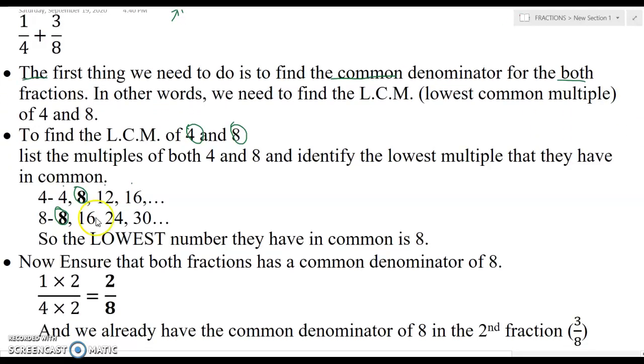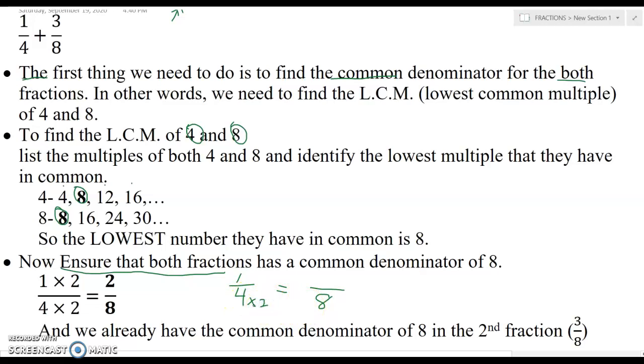So now next, we need to ensure that both fractions have a common denominator of 8. So basically, a quarter, right? Put it like this. And you have your 8 there. We want to make that new denominator 8. How did we get from 4 to 8? We multiply by 2.